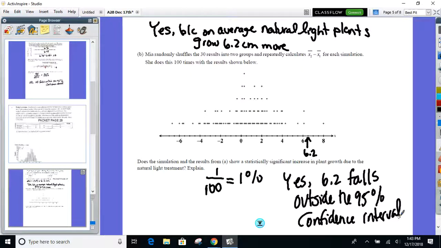If it didn't have an effect, it would be like all the rest of them. But this is unusual, that the one we looked at is way out here. A little unusual for that to be out there. So it is significant.